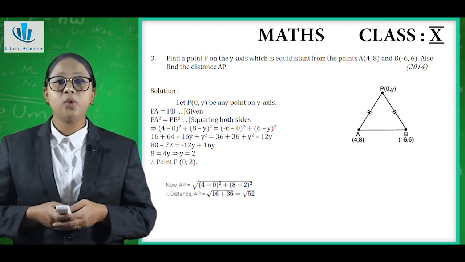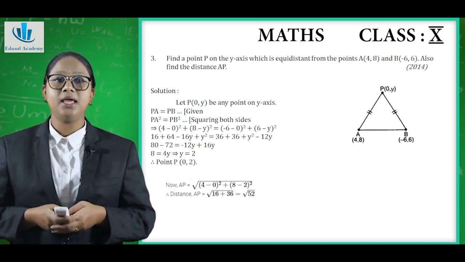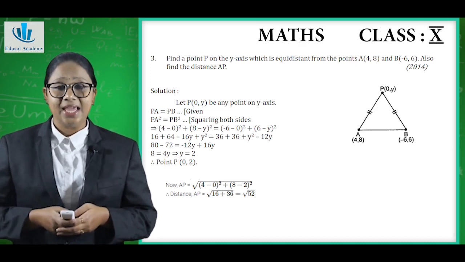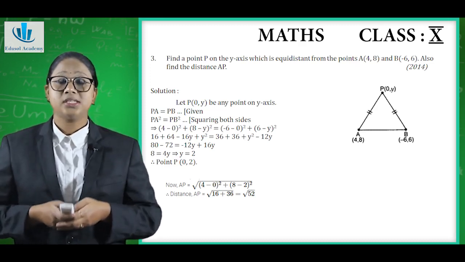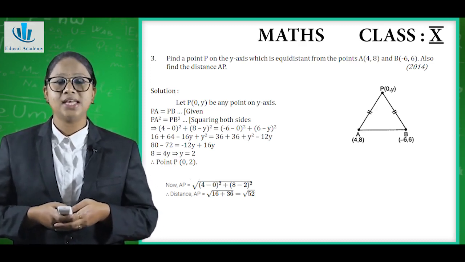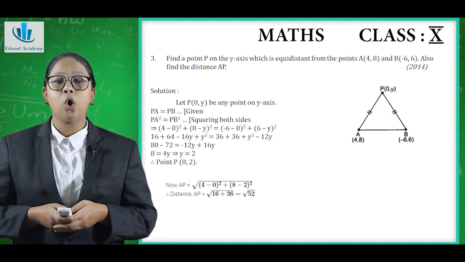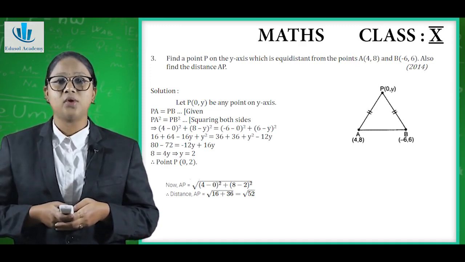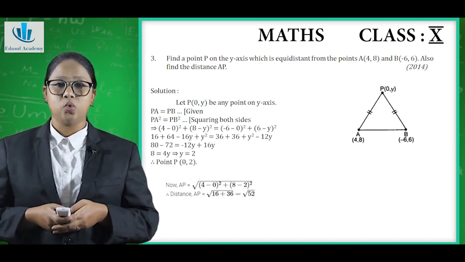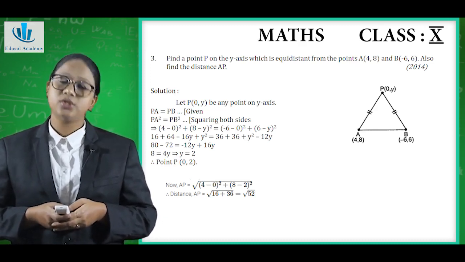So P is equidistant from A and B. So we can directly put PA is equal to PB and squaring, PA square is equal to PB square, and hence we can find the coordinates of P as (0, 2). As in y is equal to 2.